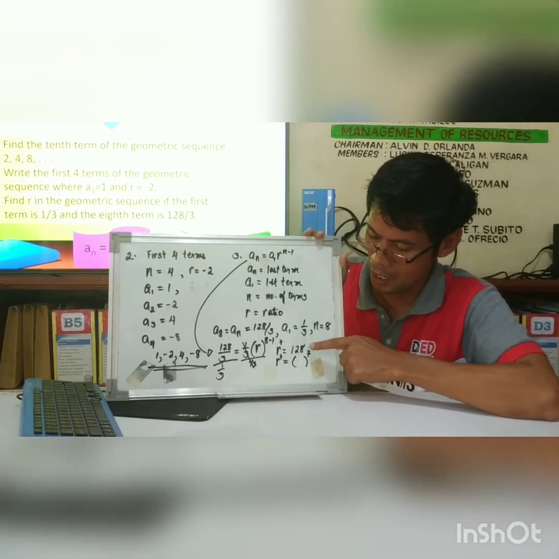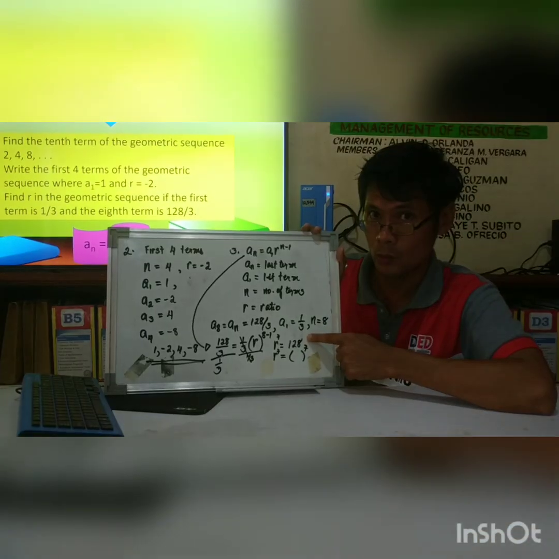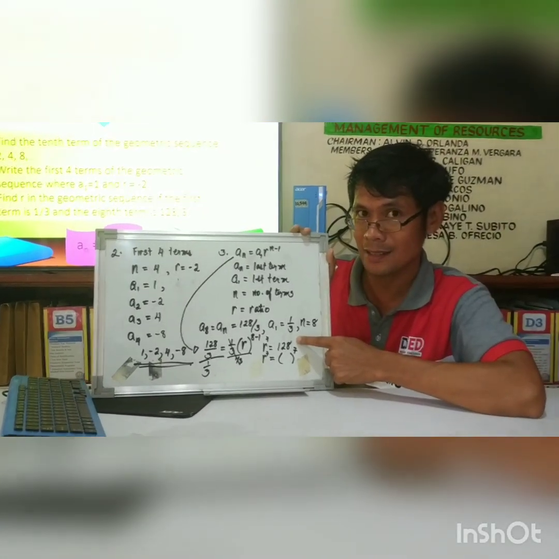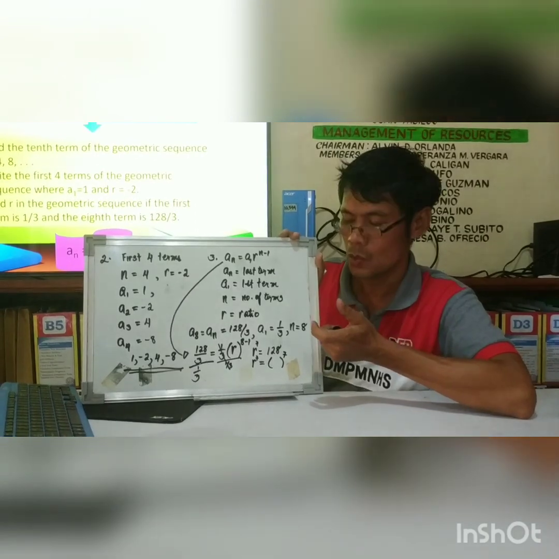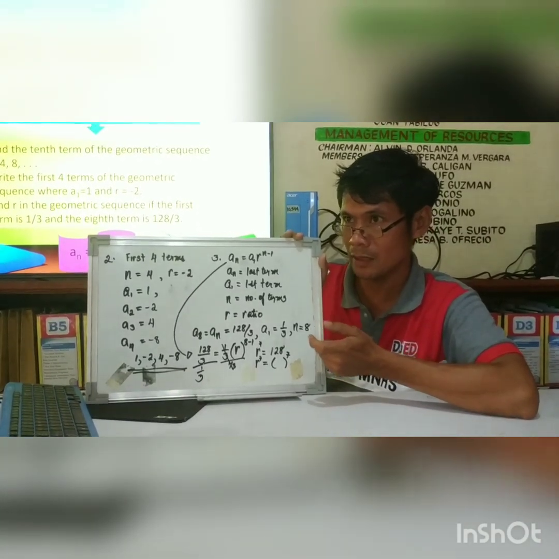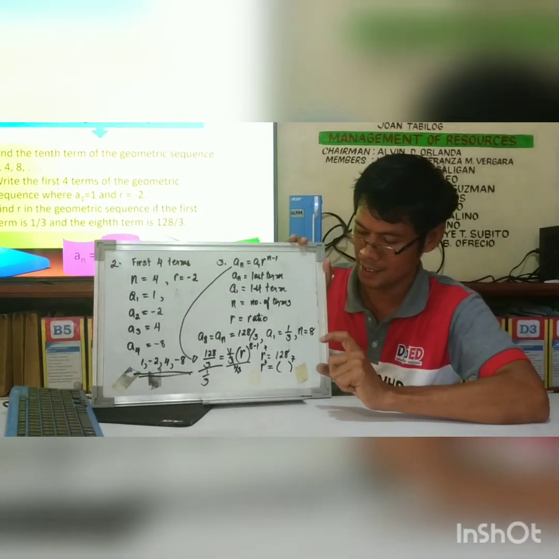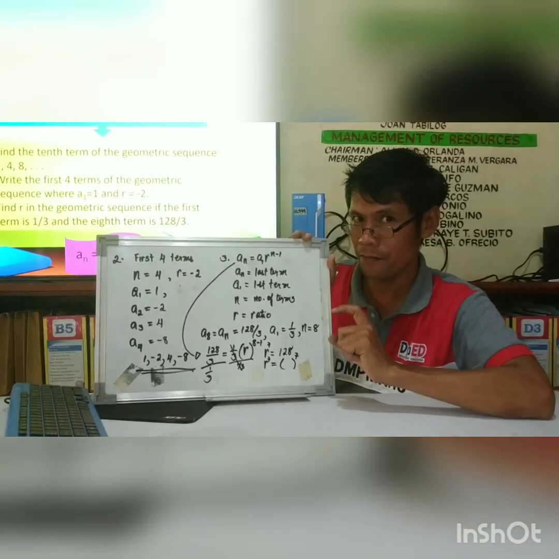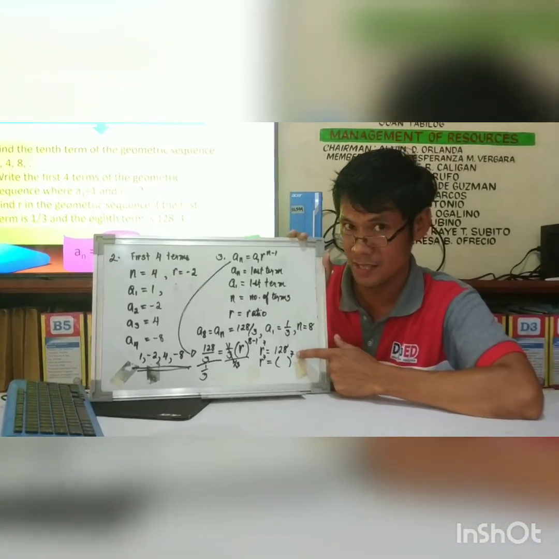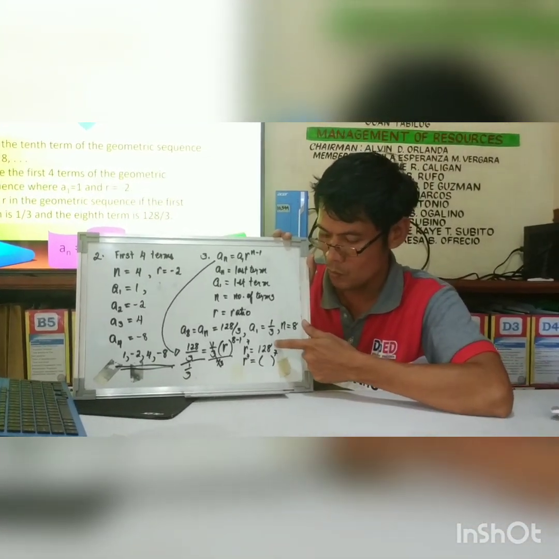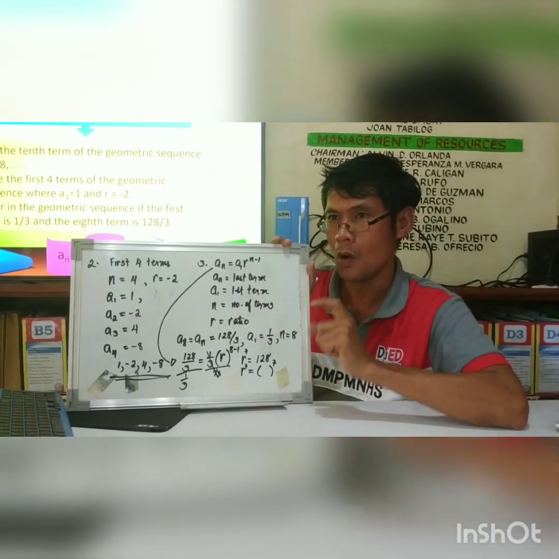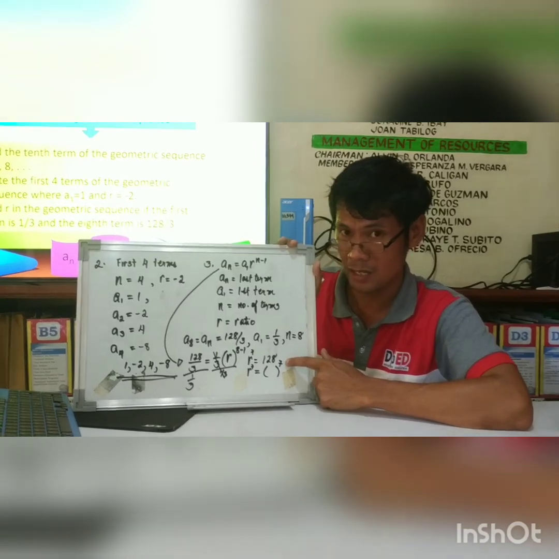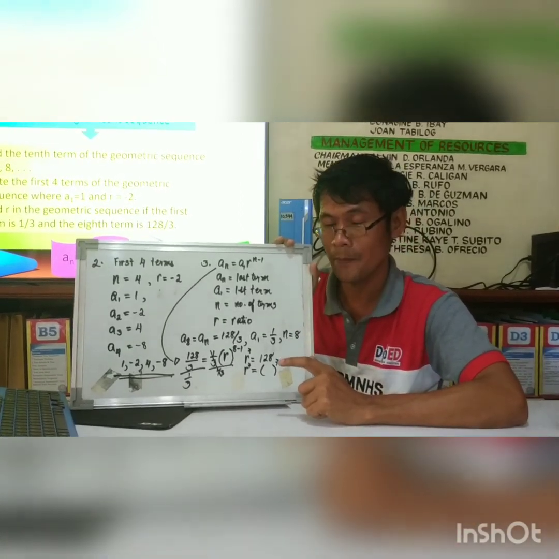How shall we solve for r? To solve for r, our 128 will be written as an exponential expression. So we will be finding a base wherein if its exponent is 7, it will be equal to 128. What number when raised to 7 will give you 128?